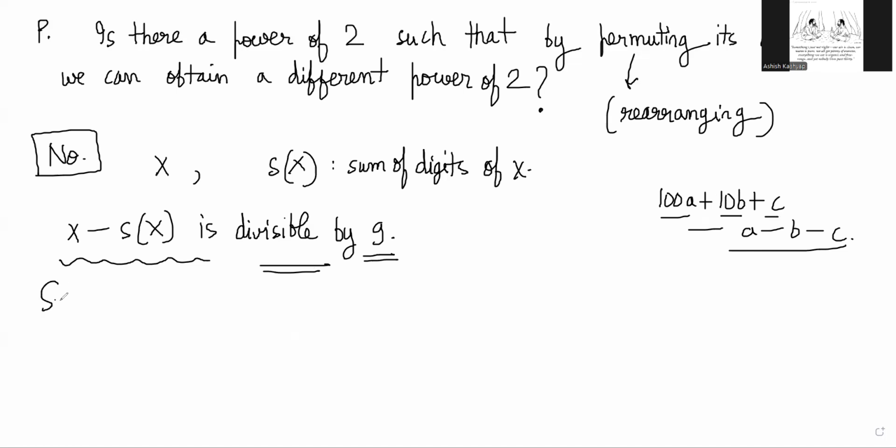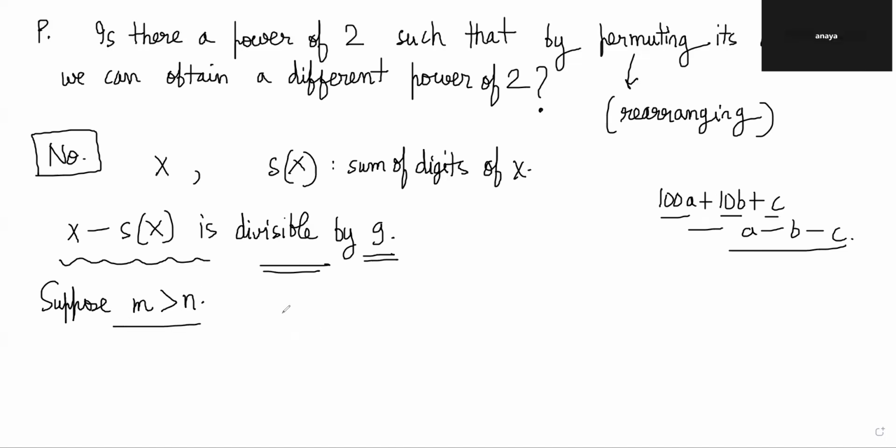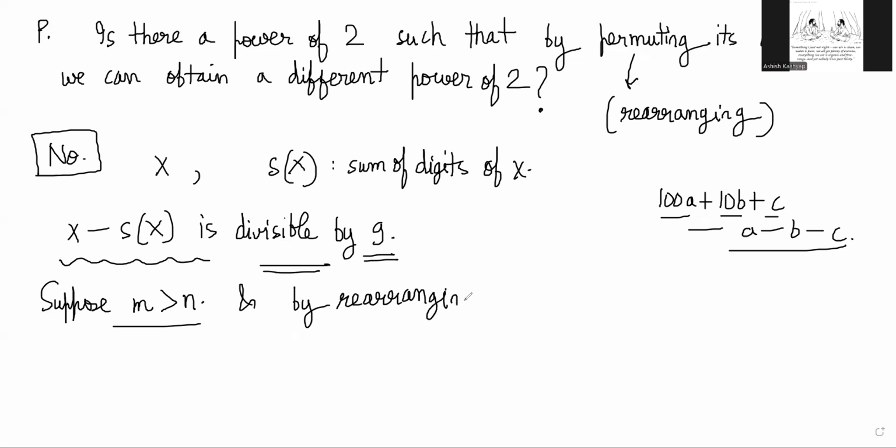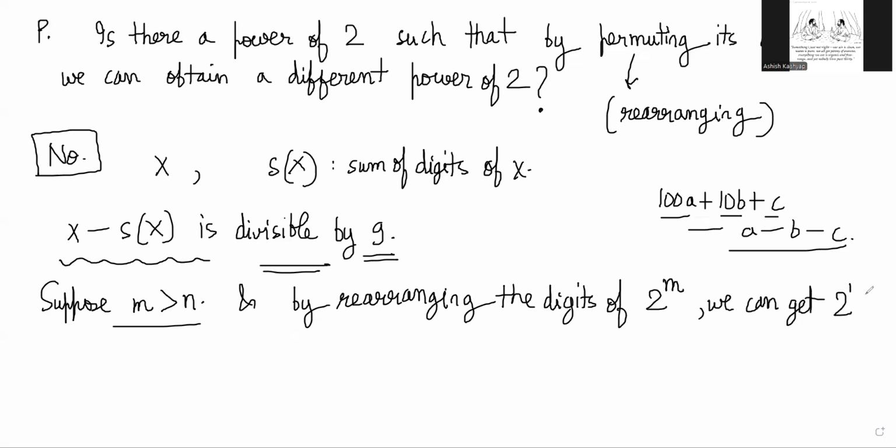So suppose now that m is greater than n, and by rearranging the digits of 2 power m, we can get 2 power n. That's what we are trying to see whether it is possible or not.